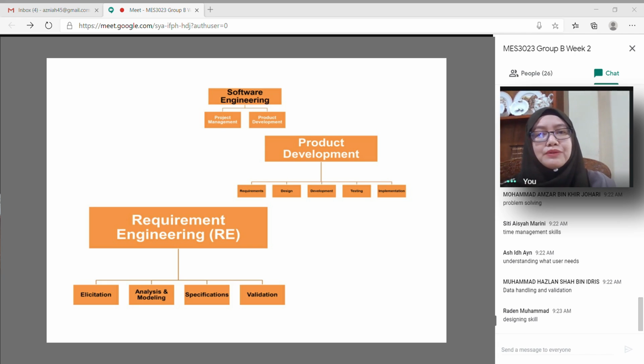If you don't have it, you can start having it, and if you already have it, you can improve it, hopefully. So at the end of the course, you should be able to apply for requirements engineer, if they welcome fresh graduates, of course. So do well in the course, then hopefully you get all that is needed for a requirements engineer.